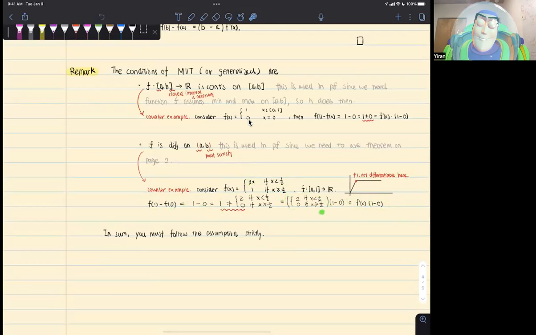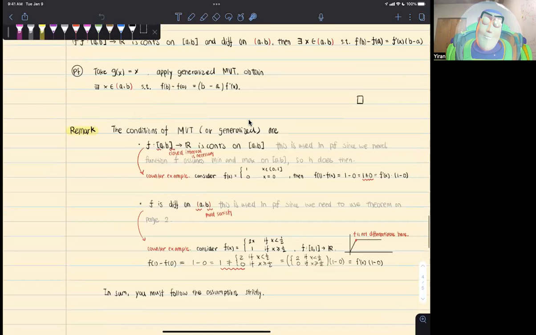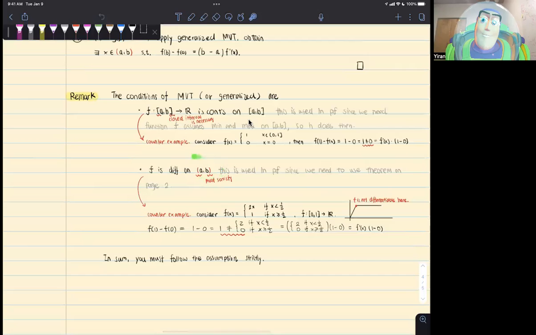Here I just write it out. And then this is equal to this. So you can see that neither 2 nor 0 is equal to 1. Therefore, the mean value theorem does not hold in this case. So it is very important that f is continuous on the closed, which is compact, interval AB, and f is at least differentiable on the open interval AB.